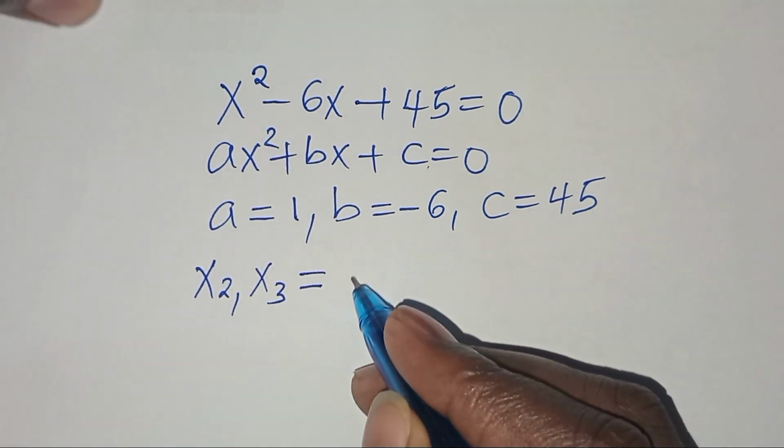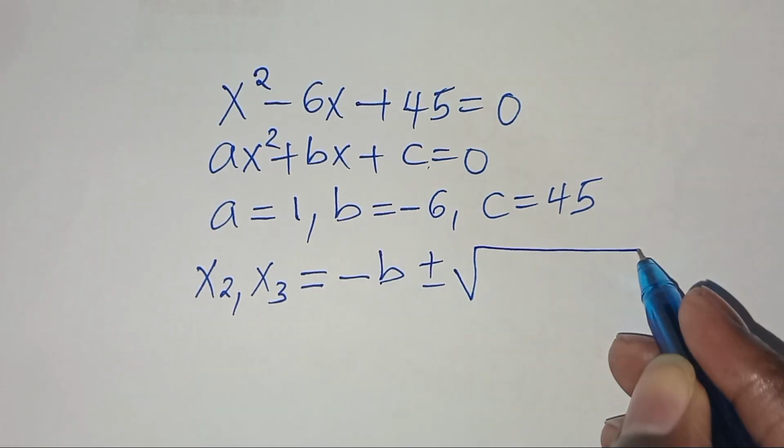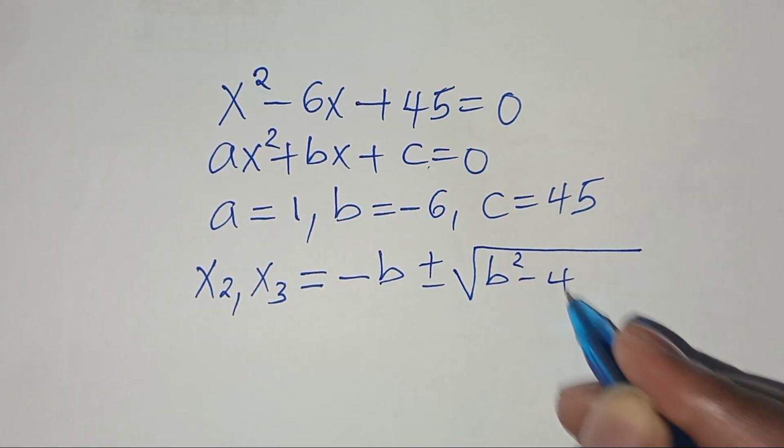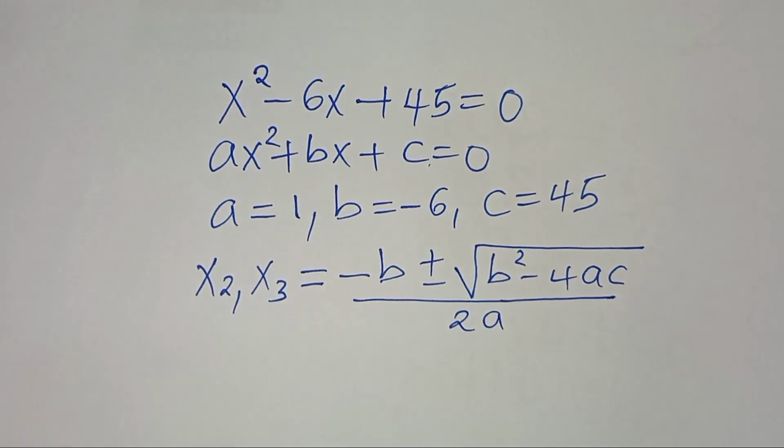In this case, we apply the quadratic formula, which is x = (-b ± √(b^2 - 4ac)) / 2a.